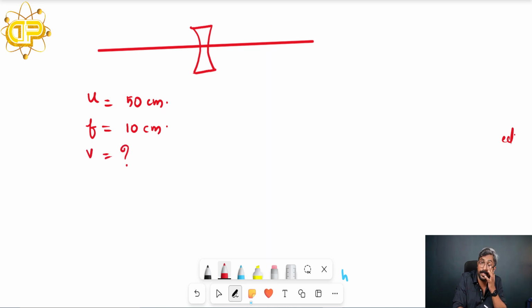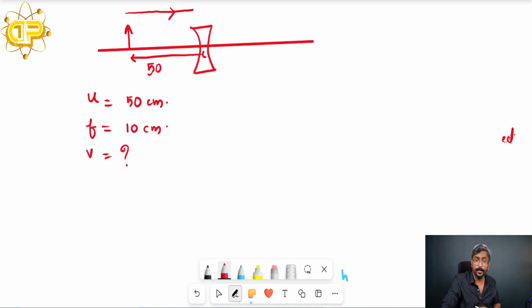Here this is my object, which is 50 centimeter from the optical center, and the light is falling from the object to that particular lens. So this is the direction of the incident light coming from the source. And let us see what happens here.